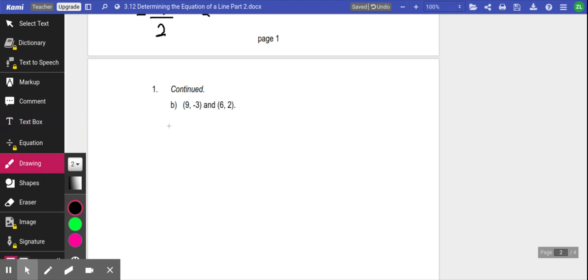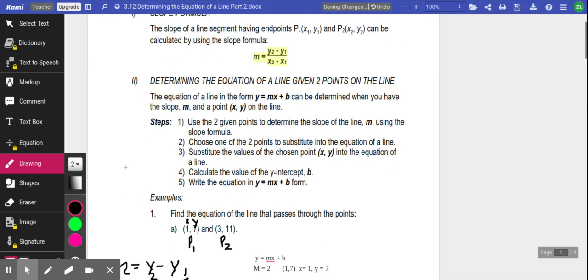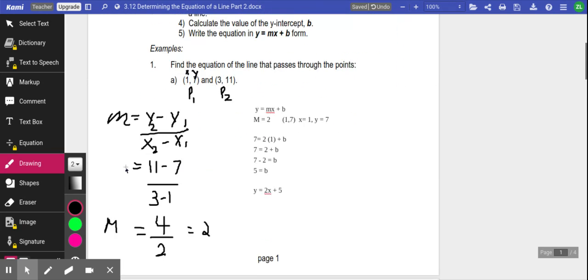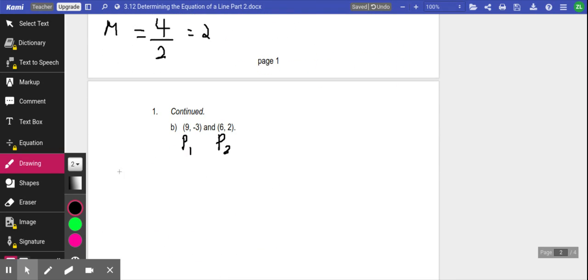So point 1 being this one here, and point 2 being right here. If we set up, just like we did up here, the slope is equal to y2 minus y1 over x2 minus x1.